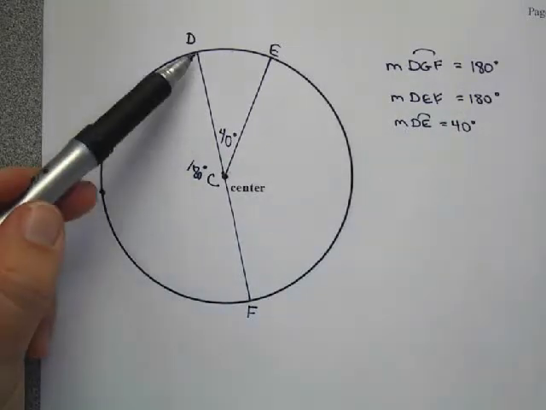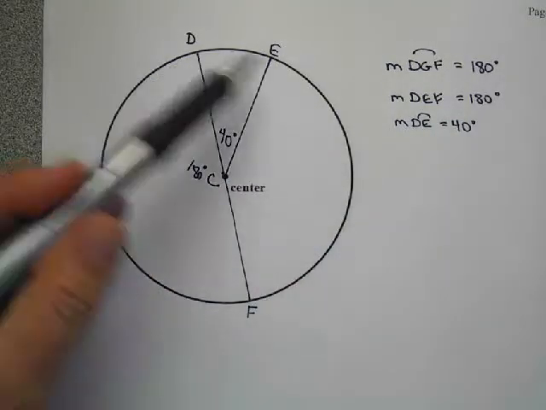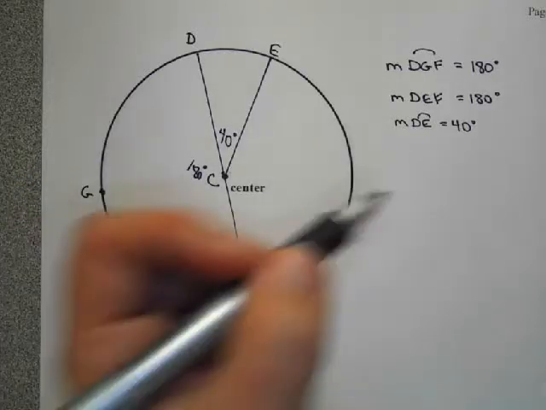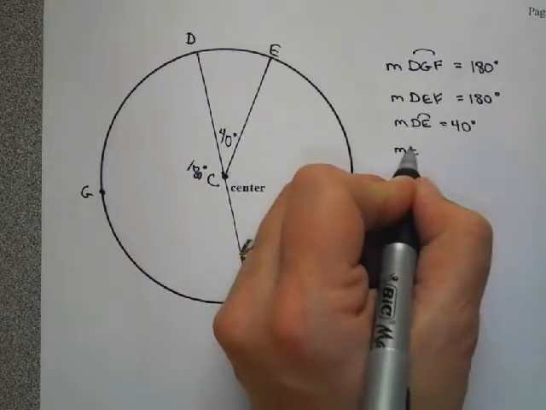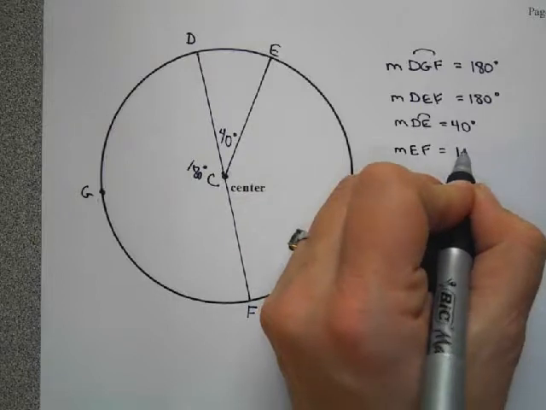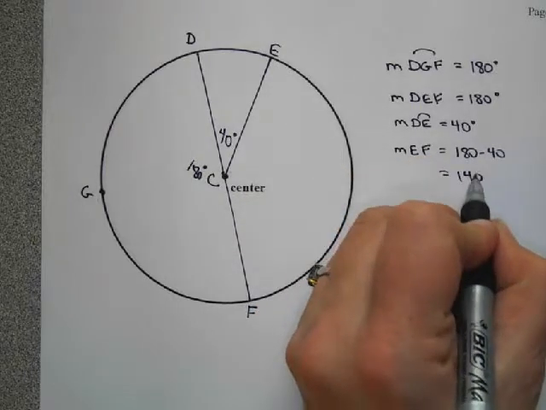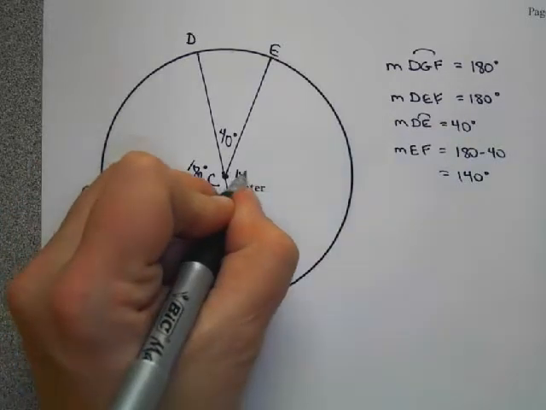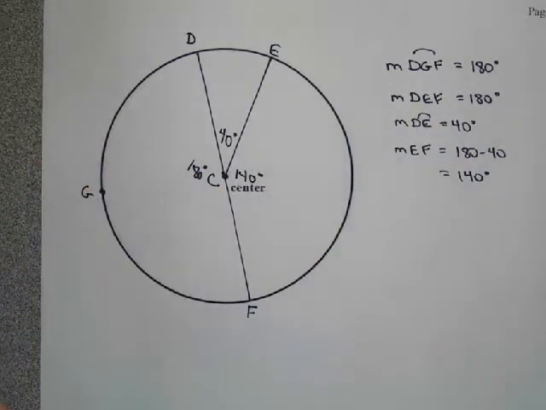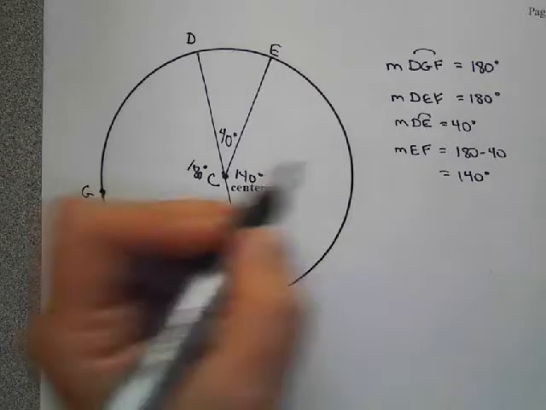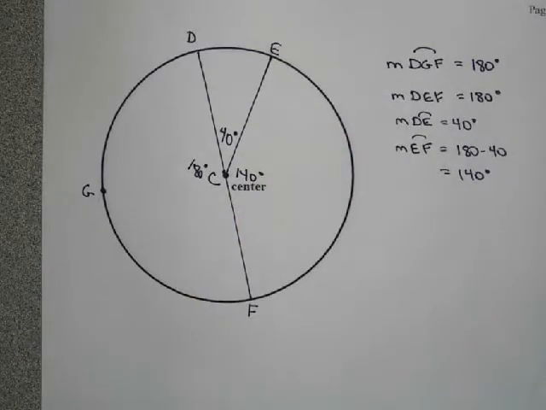And since we know that this side is a semicircle, then to get arc EF, we would simply have to do 180 minus 40, and that would be 140 degrees. So it's a little bit like a puzzle. To find the measures of the arcs, we find the measures of the central angles.